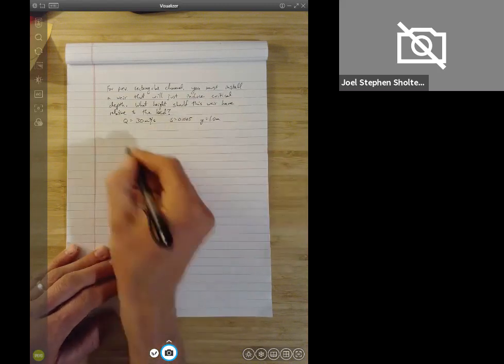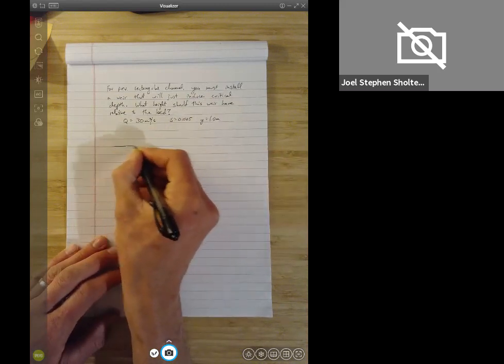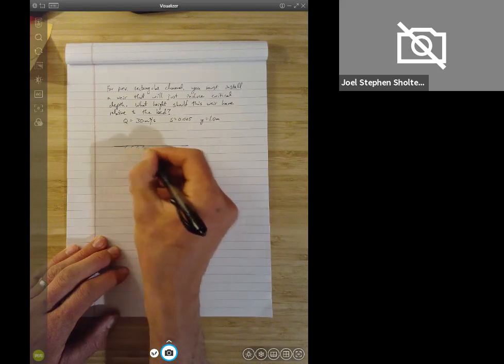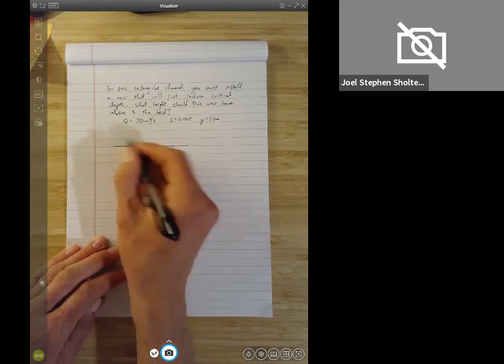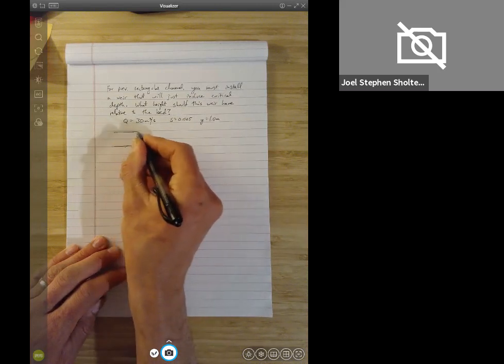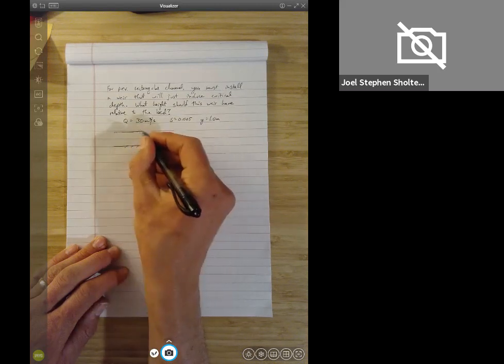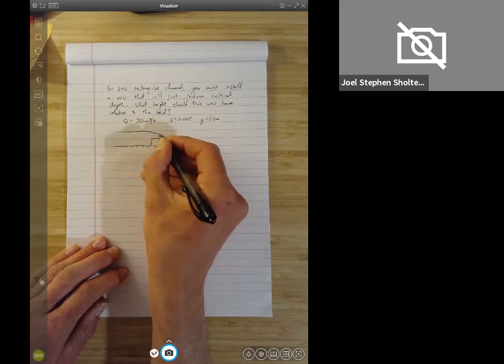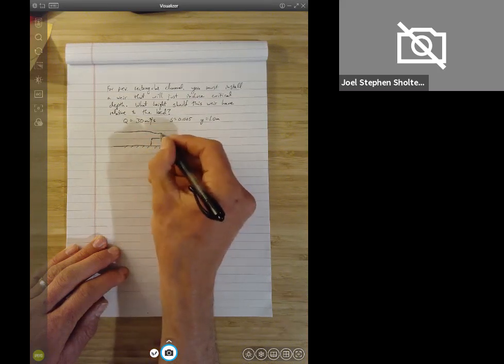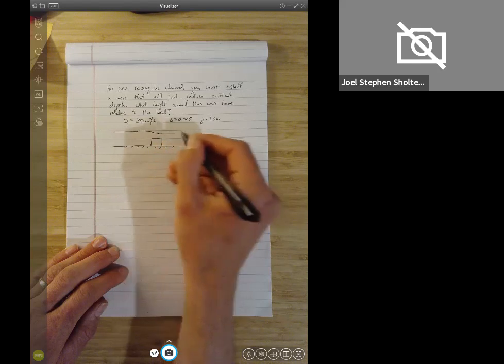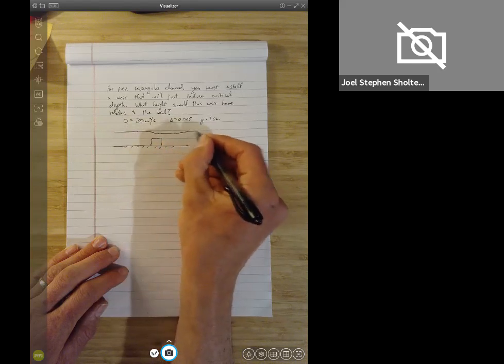So let's draw this out, and we'll draw it as flat here. Here's our channel. We've got flow coming in, and then we'll draw this weir like this. The flow is going to come down and hit critical depth, and then maybe it'll go back up or something like that.